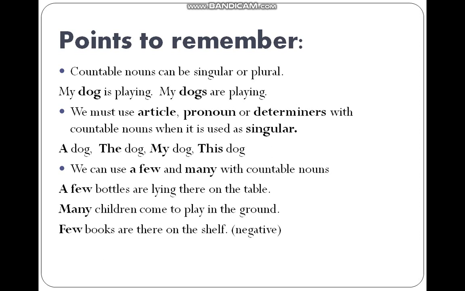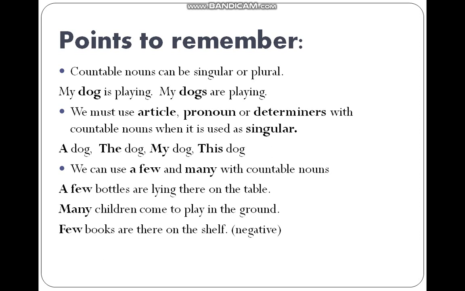Few books are there on the shelf. There is a slight difference that we need to understand between few and a few. Remember students, when we are adding the article a before the word few, we are using it in a positive sense, and when we are omitting the article a from the phrase a few, we are using it in a negative sense.